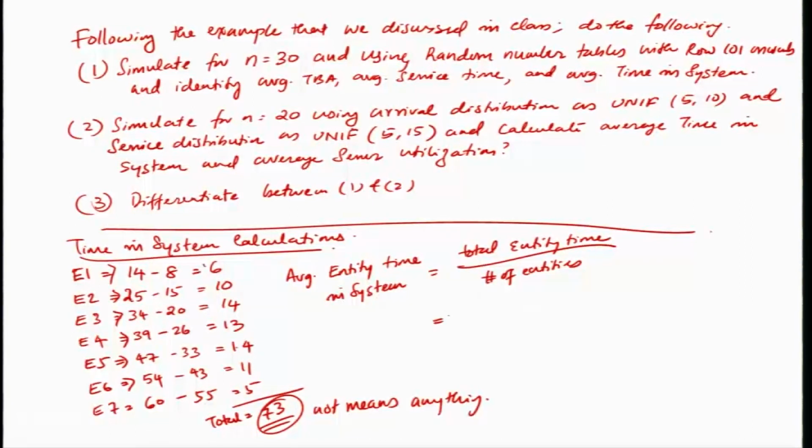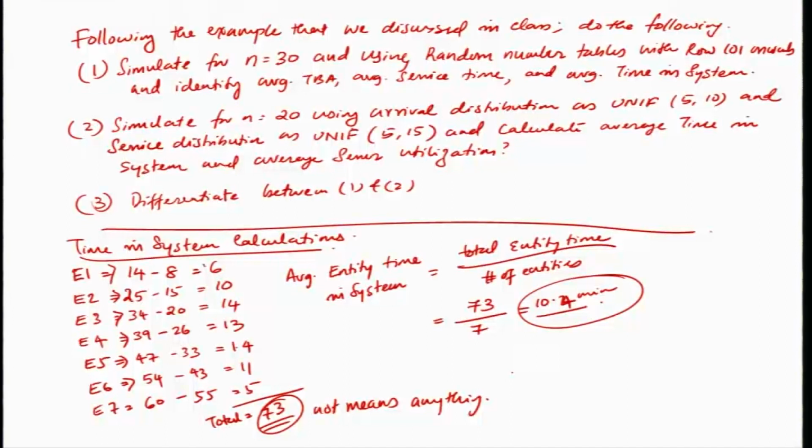That is 73 divided by 7 entities, so on average the entity spends approximately 10.4 minutes in the system.